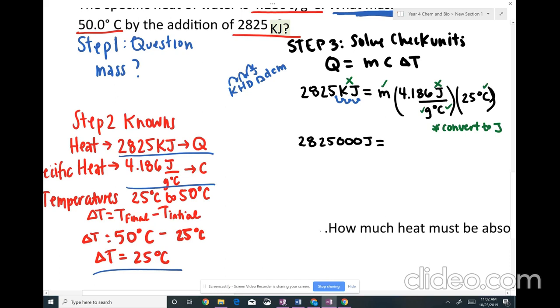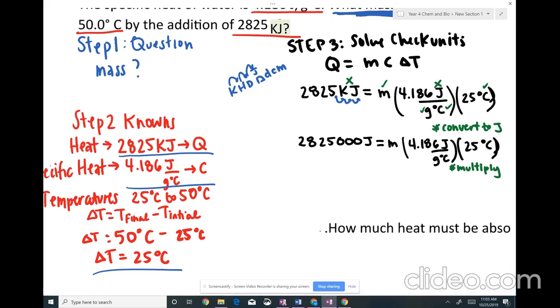Joules is equal to my mass, my M, times my 4.186 joules over grams degrees Celsius times my 25 degrees Celsius. So now that my units all match, I am going to multiply.